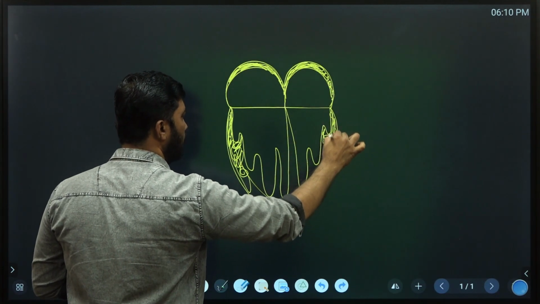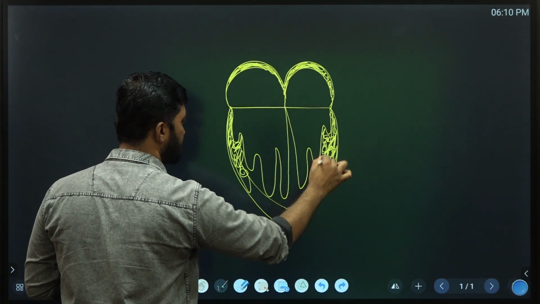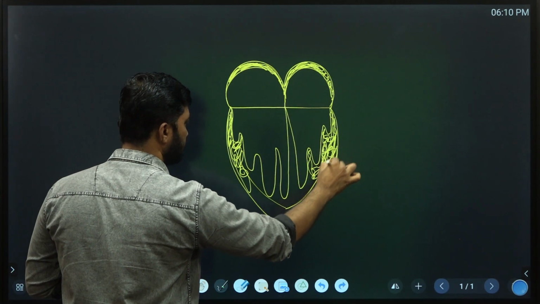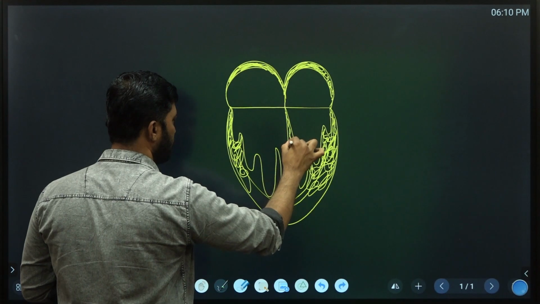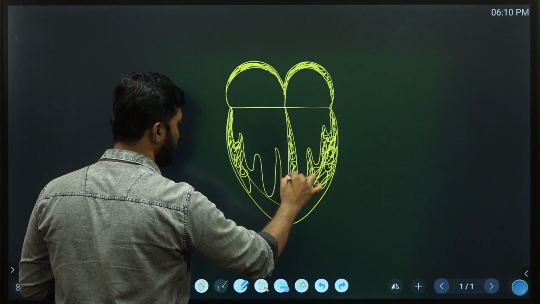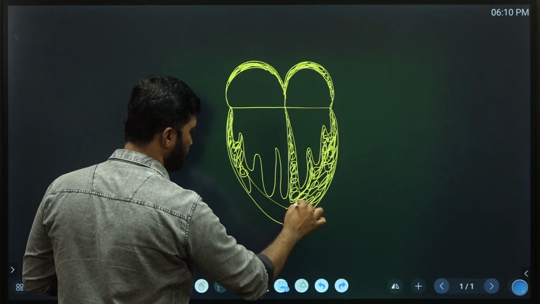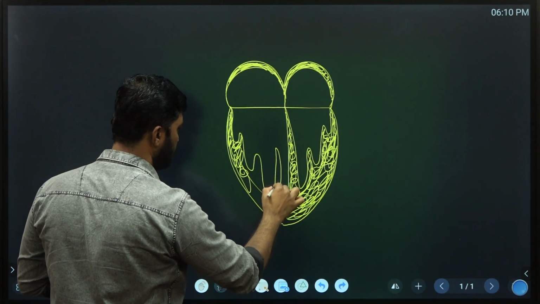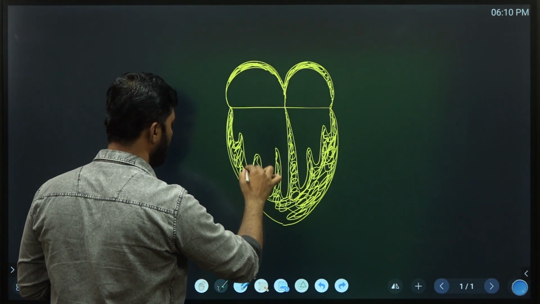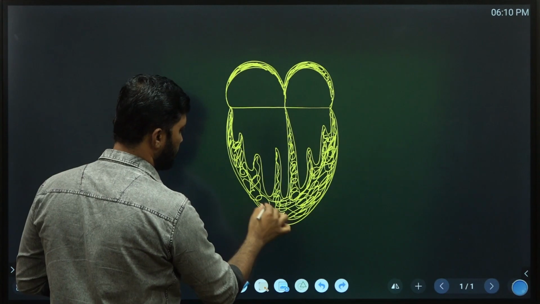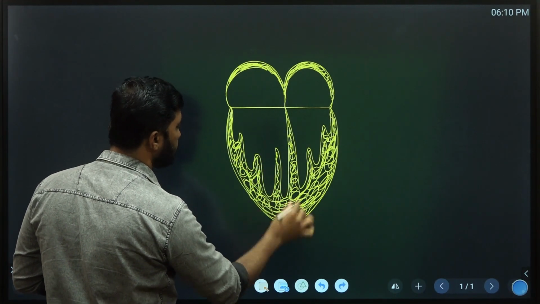The ventricle walls are much thicker than the auricles. This is the heart diagram.